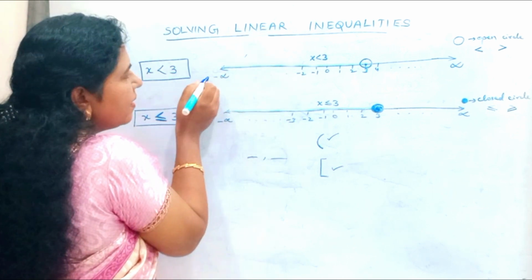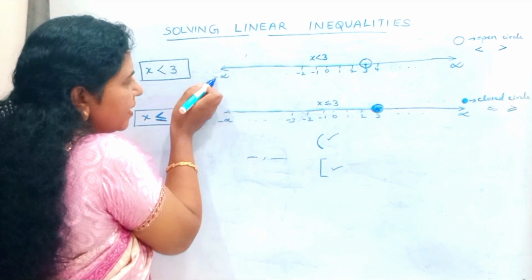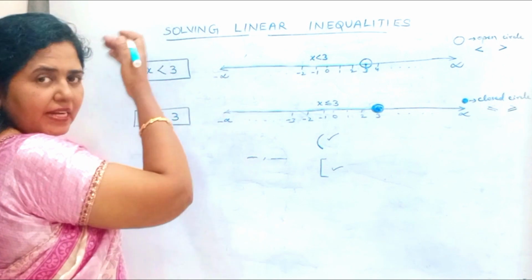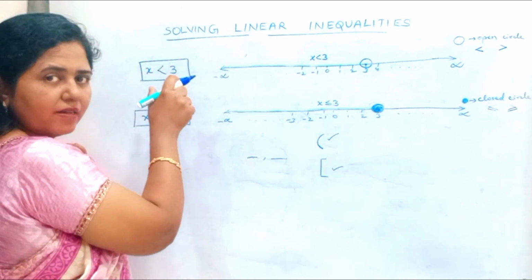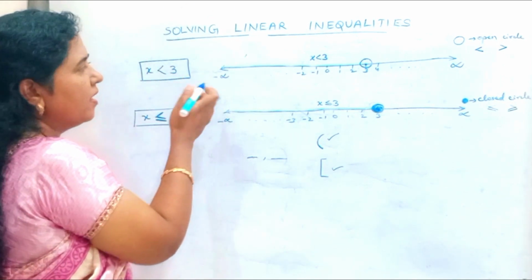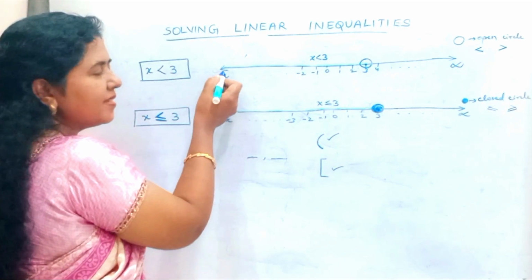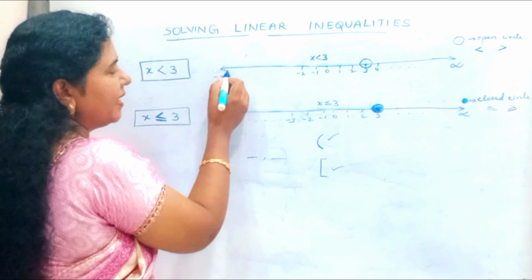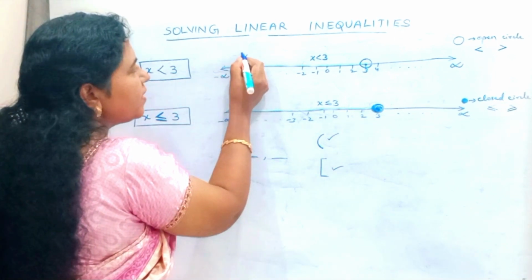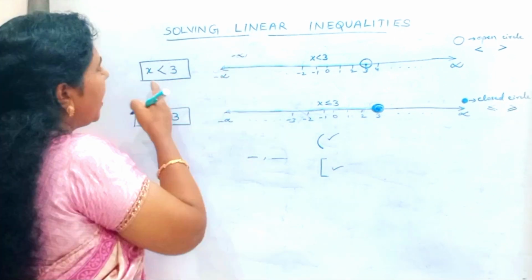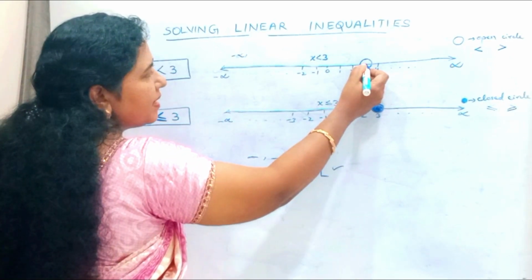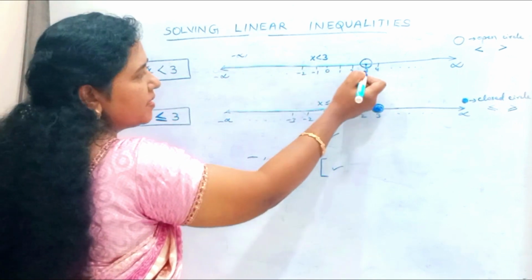Here, on the left hand side, the smallest value is not specified, not mentioned. So we can consider this as the maximum lesser range, so it is minus infinity. So the first value is minus infinity, and the maximum value is this 3.